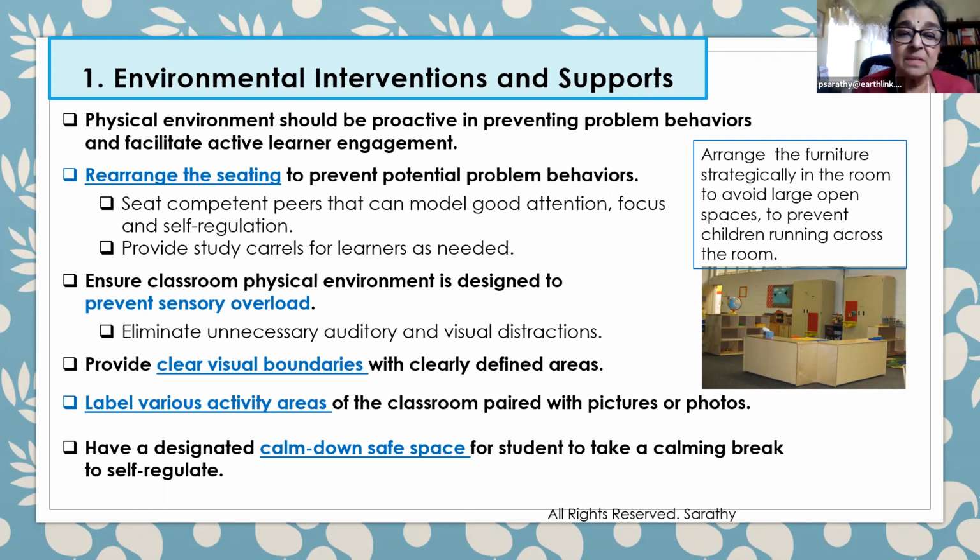Seat your competent students who can model good attention, good focus, who are not getting distracted, and who are able to display good self-regulation with students who are experiencing behavior issues, students with autism. And from time to time, if you can, have the student work individually and independently using a study carrel, which will also help build the student's attention.